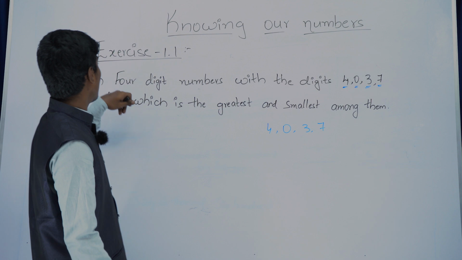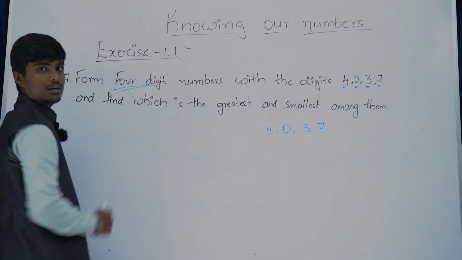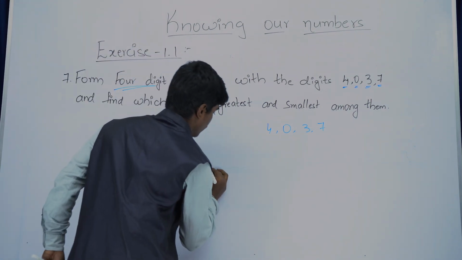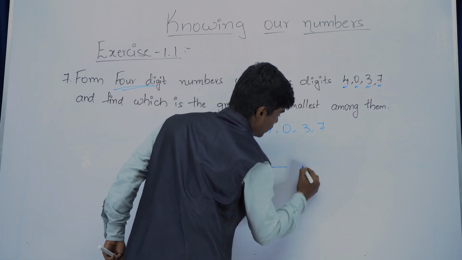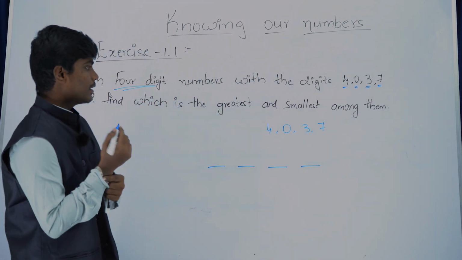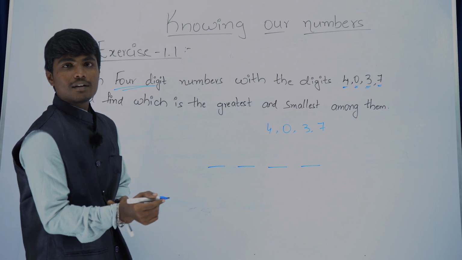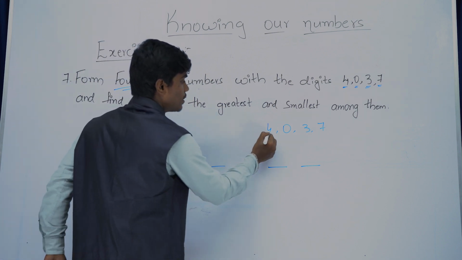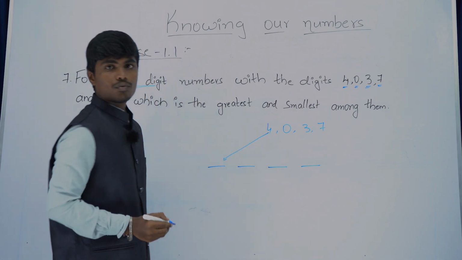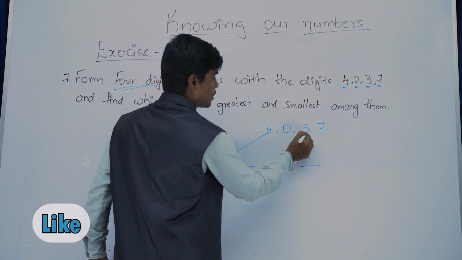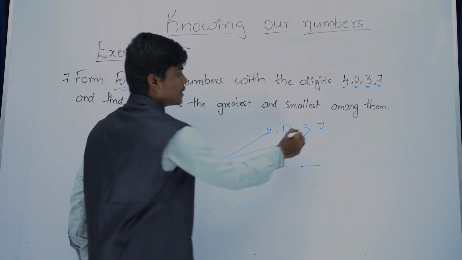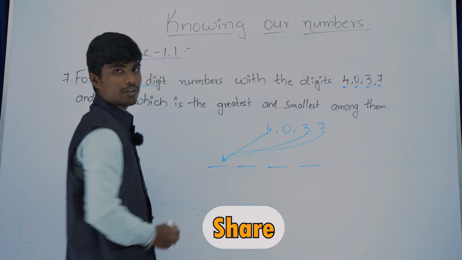We can write a number starting with 4, starting with 3, starting with 7.